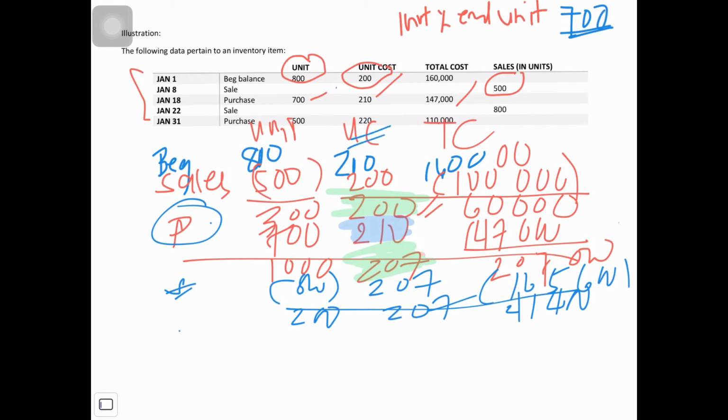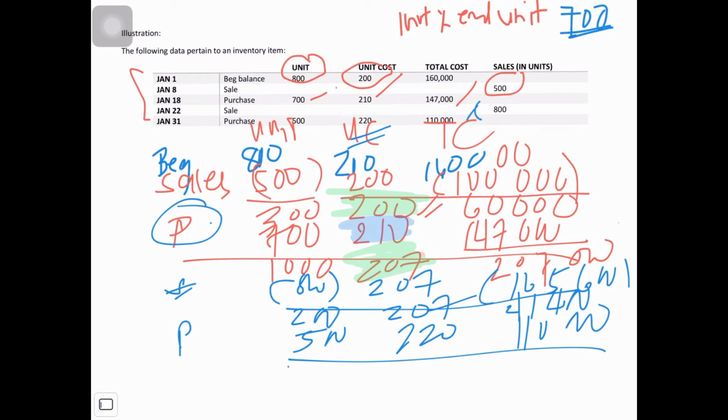So lastly is we have a purchase of 500, and then 220 ang unit cost. So we have here 110,000. So it would be 700, then 41,400 plus 110,000. So it would be 151,400. 151,400 divided by 700. So we have here 216.